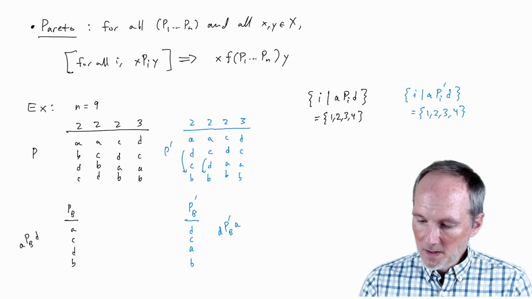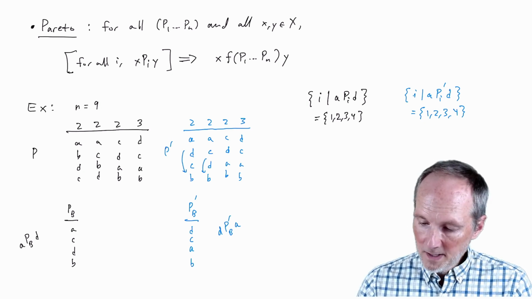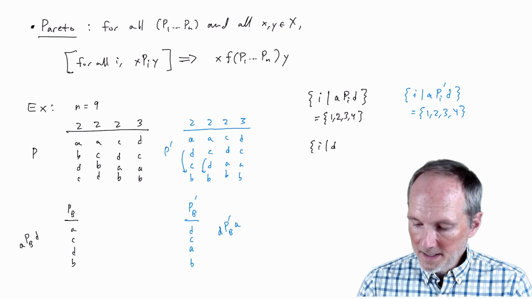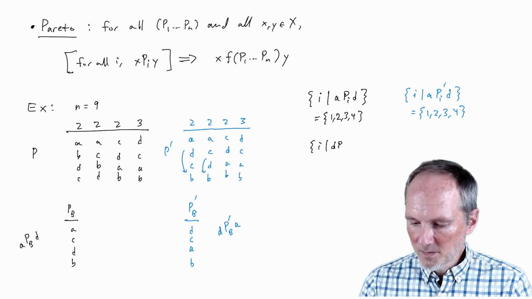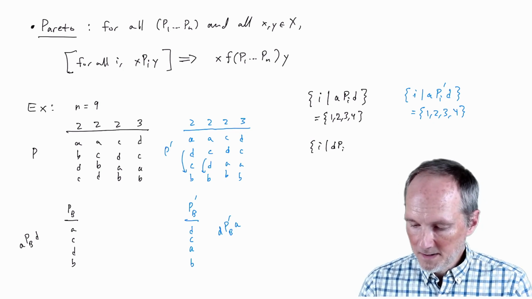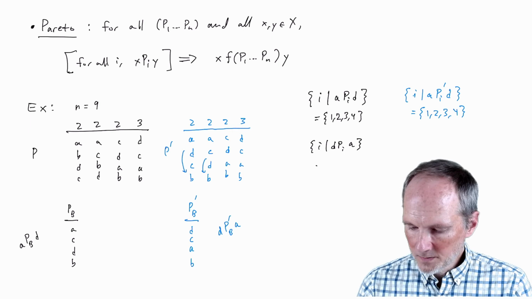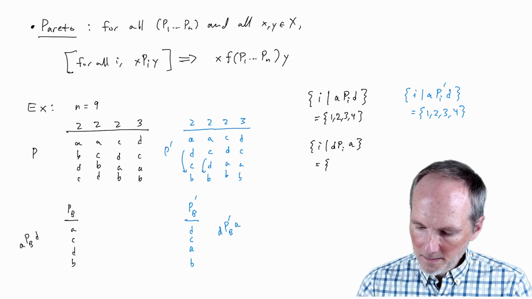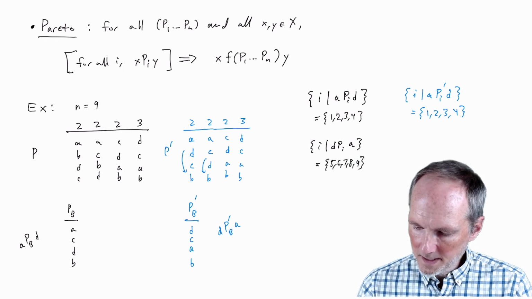We can look at as well who prefers D to A, and it's just going to be the remaining people, because there are no indifferences in the rankings. So that's going to be 5, 6, 7, 8, 9.